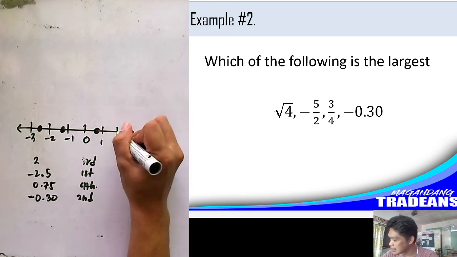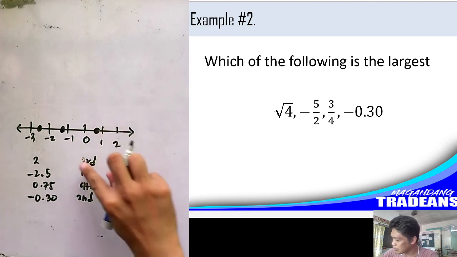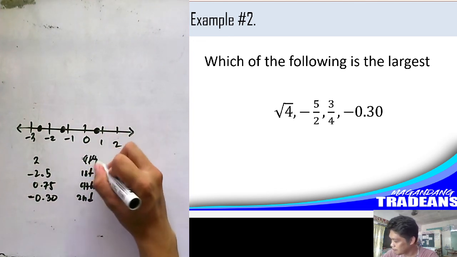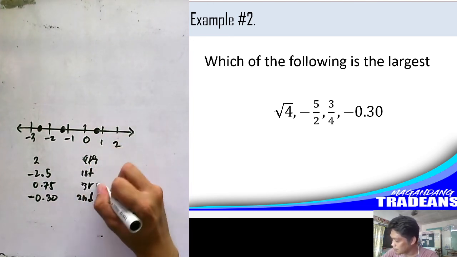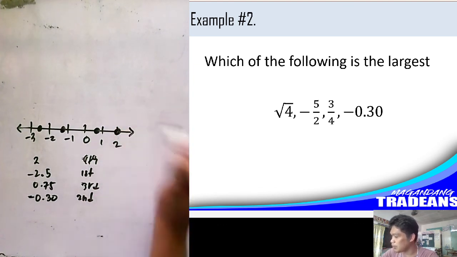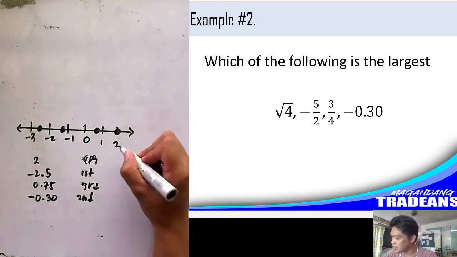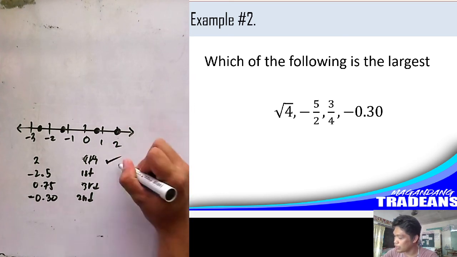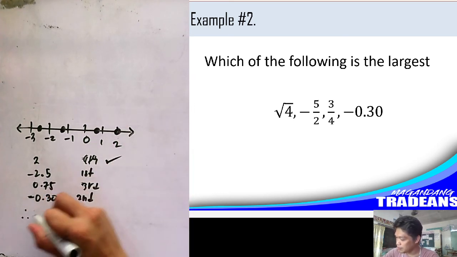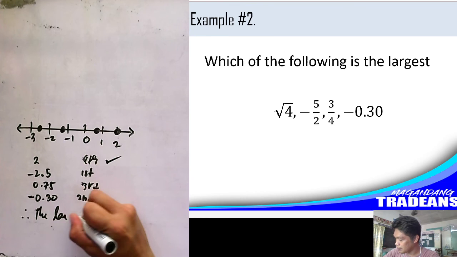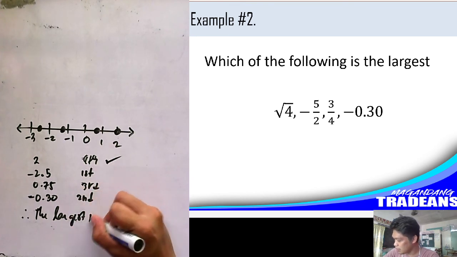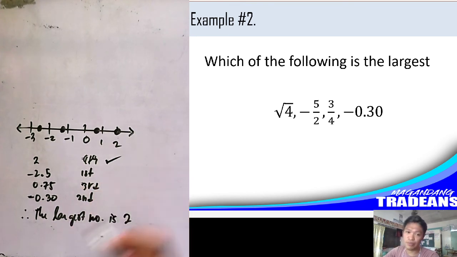And the last is that, I made a mistake here. This is the fourth. This is the third. Okay, the fourth number is 2. So, there. The question, which of the following is the largest? The largest number is 2. That is the answer. Therefore, the largest number is 2.